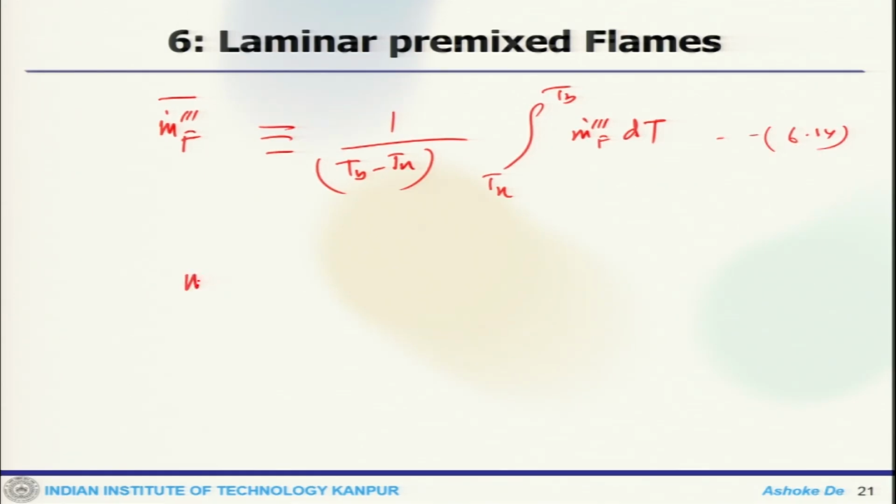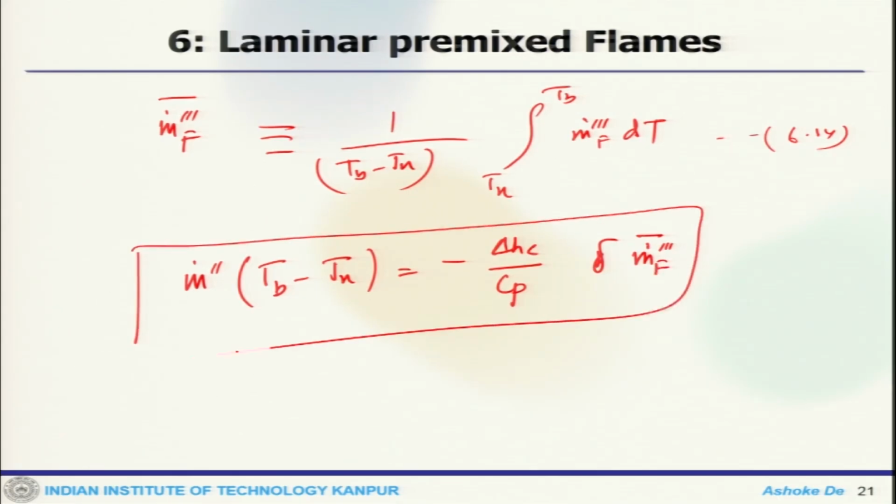If we use this information, we can finally simplify that term to be minus delta is C, delta. So, that is the expression one gets.